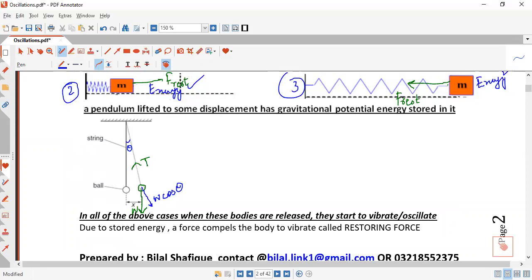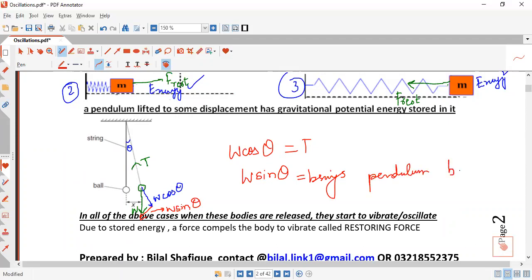And students, what will be this component? This will be W sine theta, right? So students, W cos theta will be cancelled by tension. So W sine theta will bring this object, brings the pendulum back to its mean position.